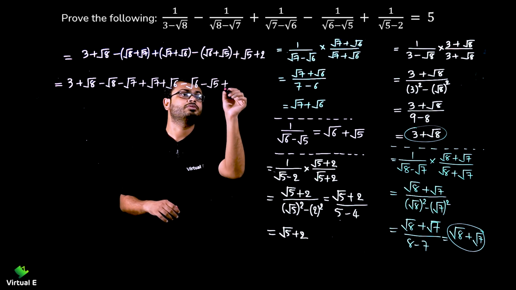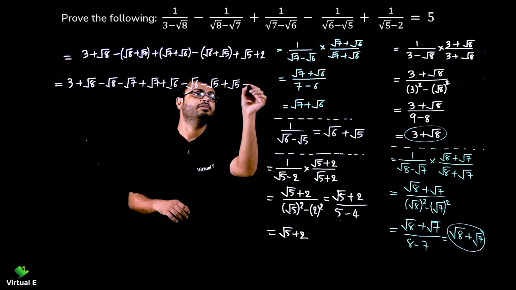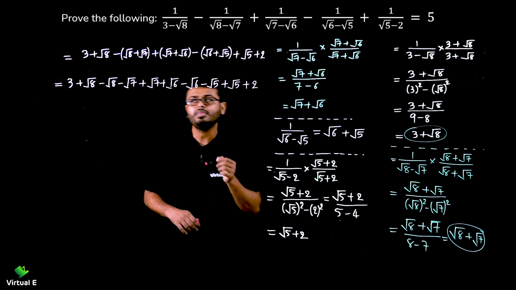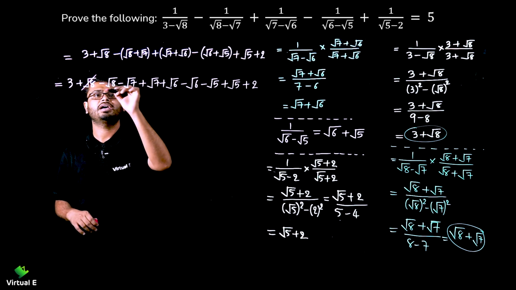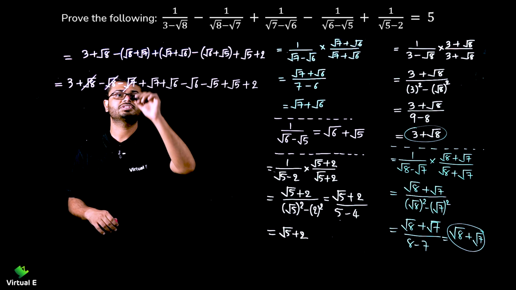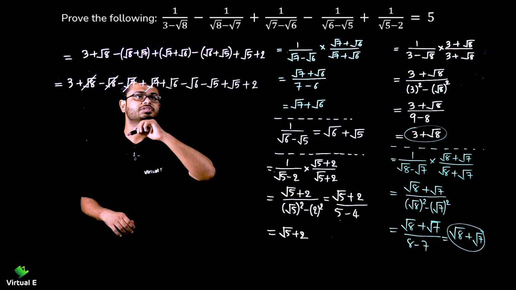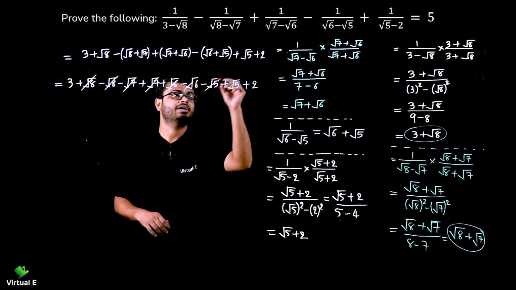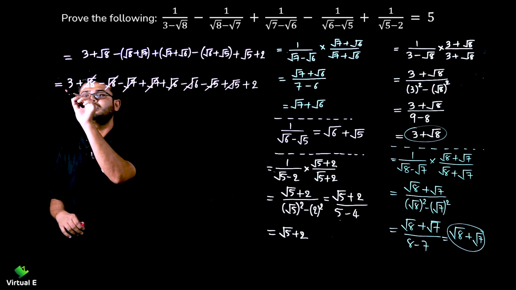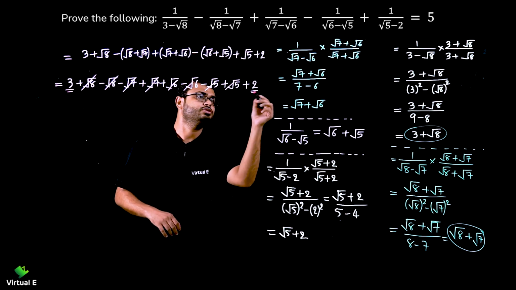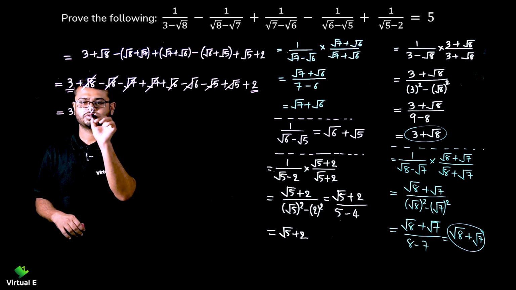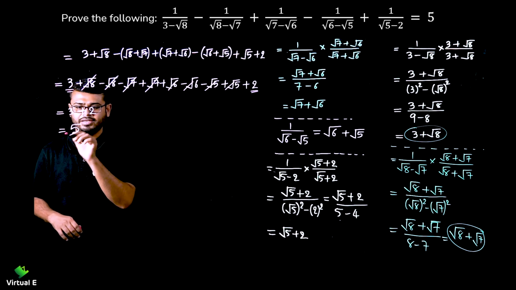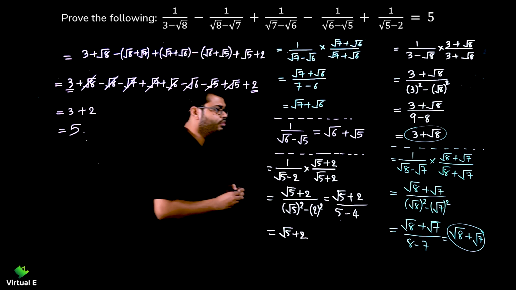Remember, plus root 5 and plus 2. Done. So now let's do cancellation. Plus and minus root 8, plus root 7, minus root 7, and so on. So what's left? Only 3 over here and 2 over here. So 3 plus 2, that is 5. Then this is what we wanted to prove.